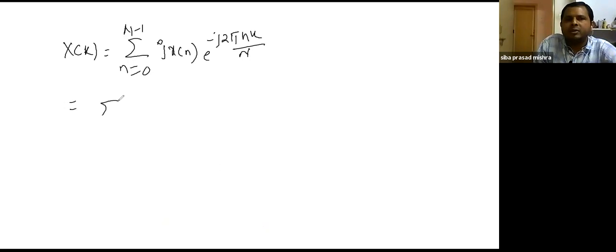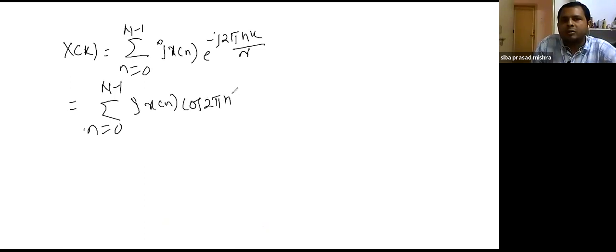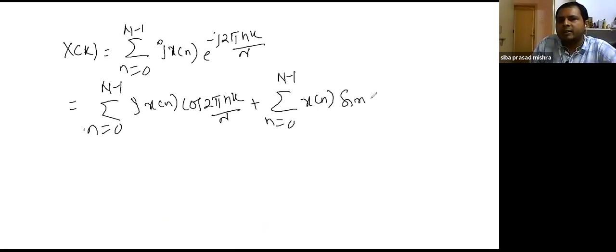Same if you do, it is summation of n 0 to n minus 1 j x of n cos of 2 pi nk by n, then j and minus j become plus 1, plus summation of n 0 to n minus 1 x of n sin of 2 pi nk by n.